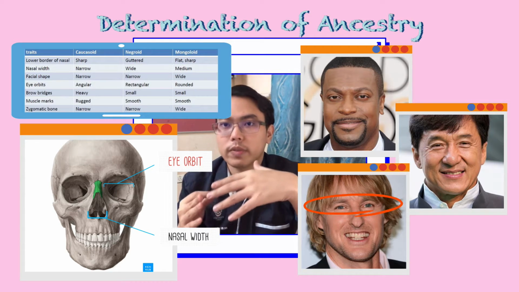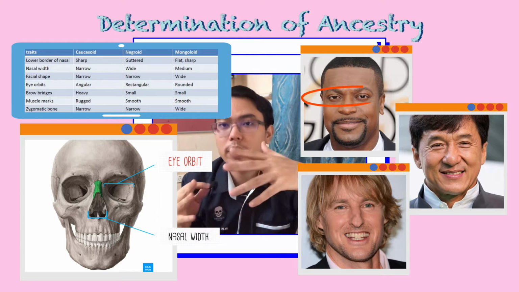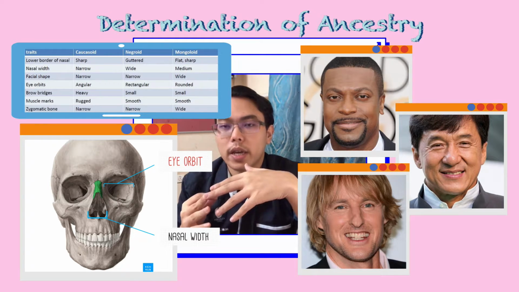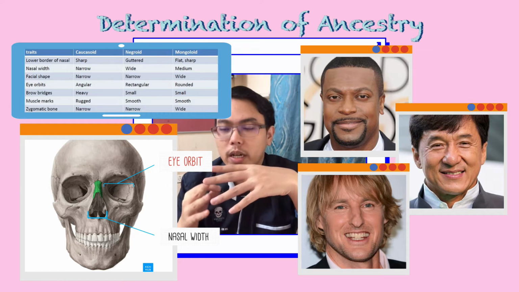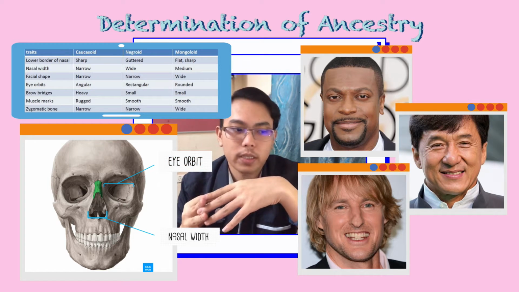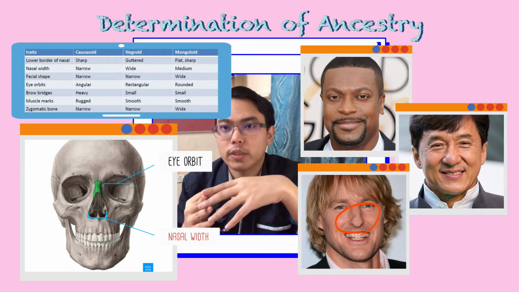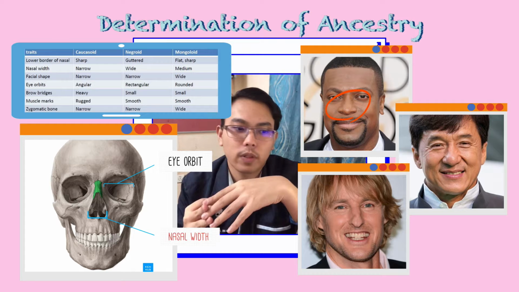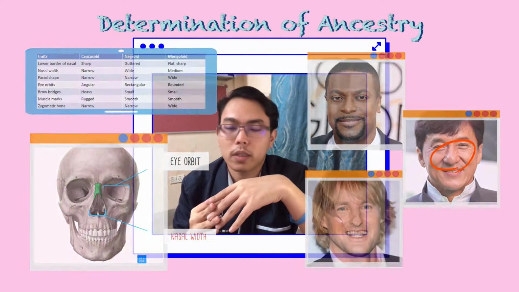European will have angular eye orbit, African will have rectangular eye orbit, and the Asian will have rounded eye orbit. For another example, we can see the nasal width. European will have narrow nasal width, African will have wide nasal width, and the Asian will have medium nasal width.